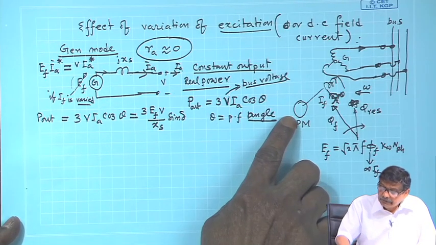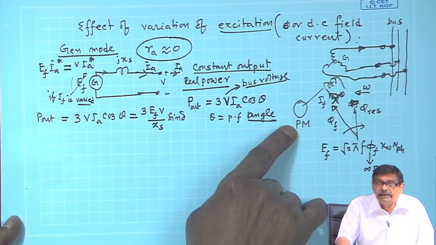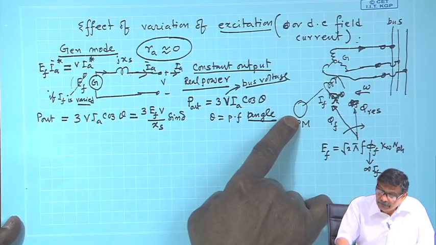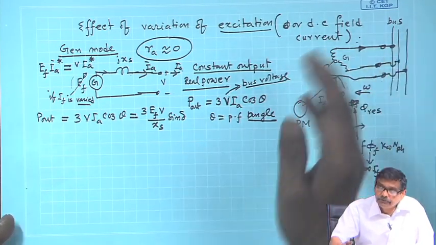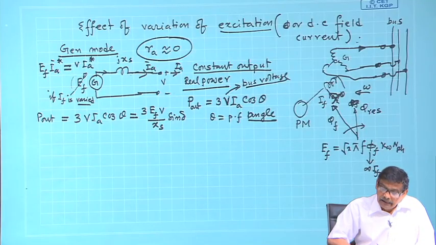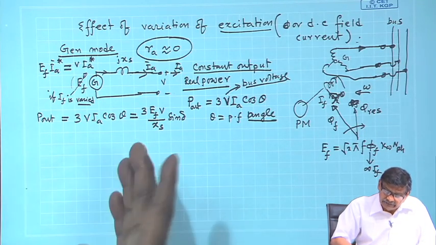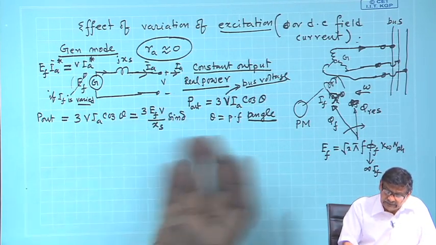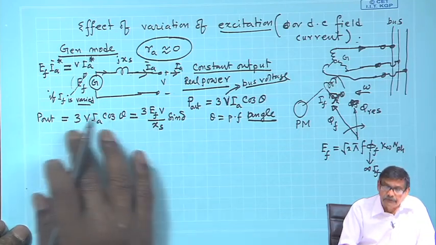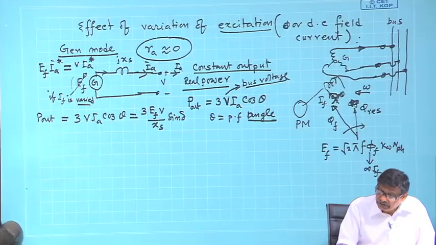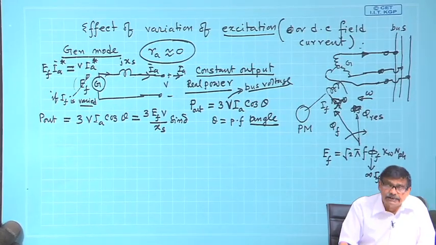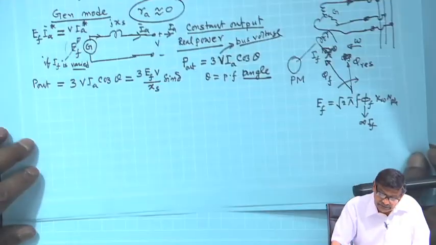Therefore, if I am not changing the steam input to this prime mover, output power delivered in kilowatt will remain the same, and for an excitation present, these two must be the same. So, let me draw the phasor diagram. This is quite interesting, you will see.